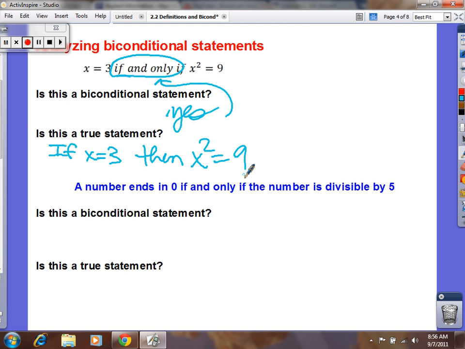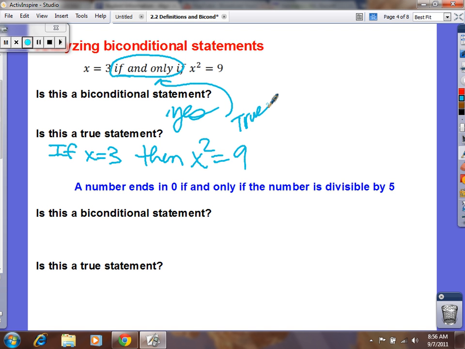There you go. Now, is that true or is that false? If x equals 3, then x squared equals 9. Well, let's say x has to be 3. So as long as x is 3, is this part true? Okay, so this one's true. So far so good.